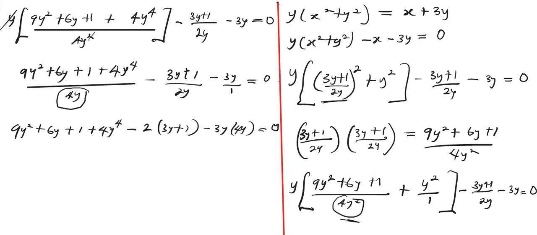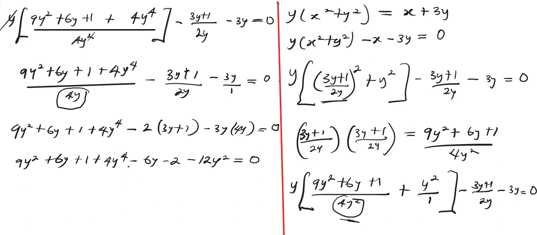So we have 9y squared plus 6y plus 1 plus 4y power 4 minus 6y minus 2 minus 12y squared equals 0, okay.